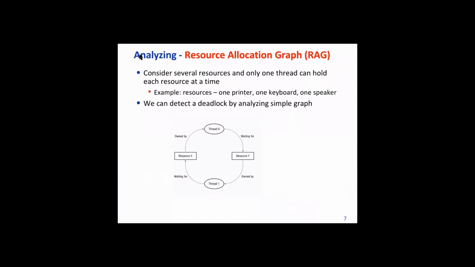The edge going from resource to thread means that this resource is owned by thread T0, and if thread T0 wants something, then there is an arrow or edge going out for a resource. It means thread T0 is waiting for resource Y.